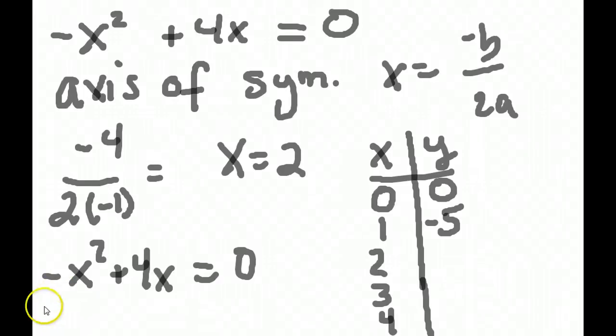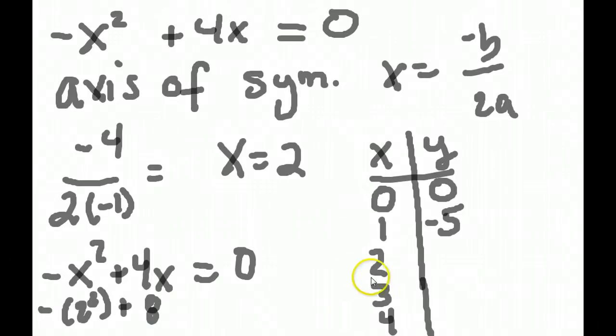So then we get what? Negative times 2 squared plus 4 times 2 is 8. So we have negative 4 plus 8, which is 4. So now let's put in a 3.